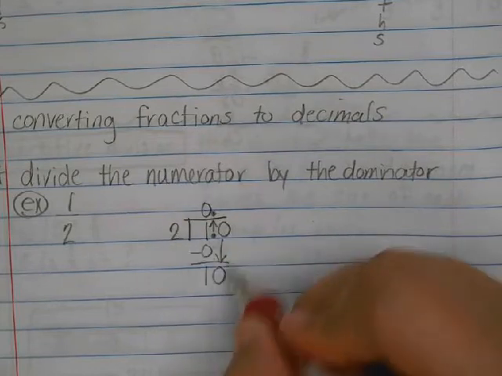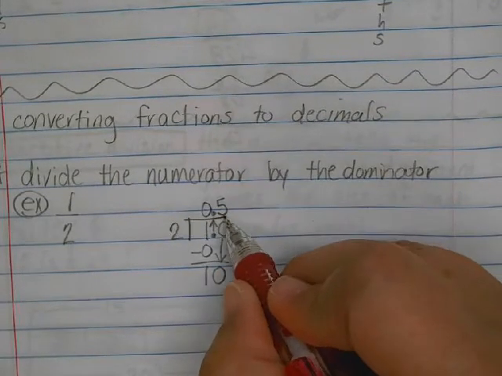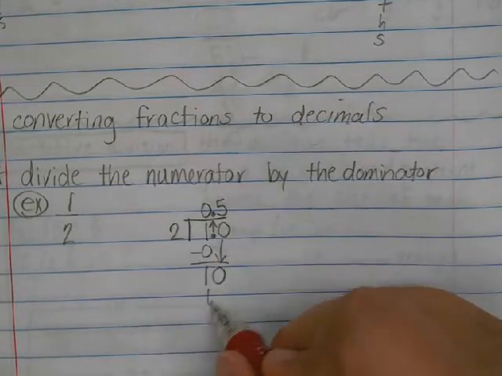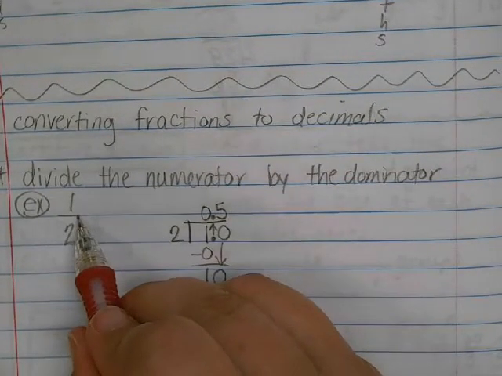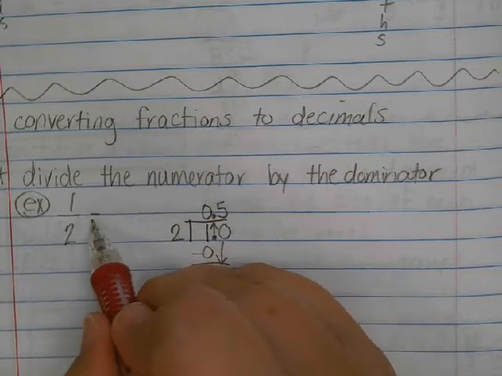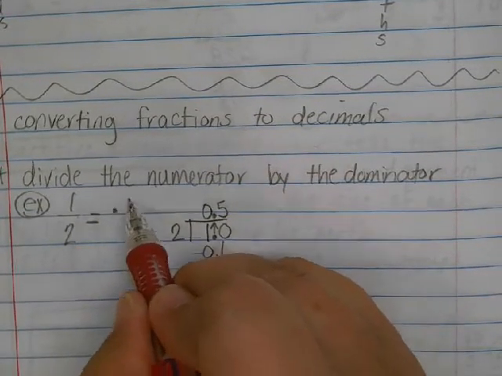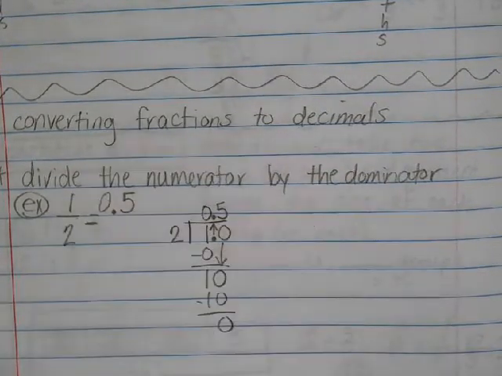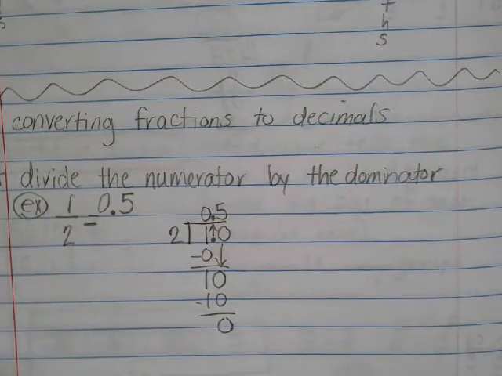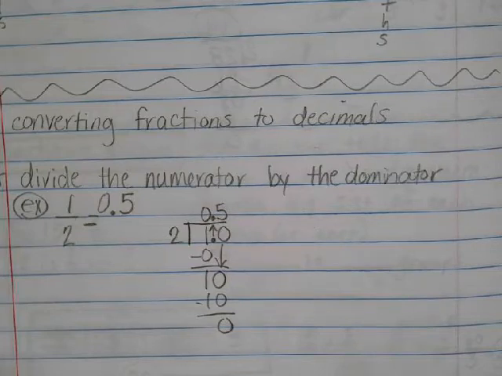Now, how many 2's are in 10? There are 5. So 5 times 2 is 10. I can stop right there. So the equivalent of 1/2 as a decimal is 0.5. You can have the 0 in front of the decimal if you'd like, but it's not actually necessary.